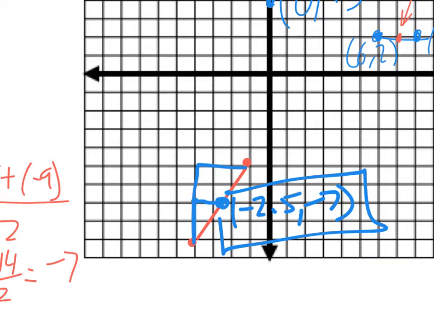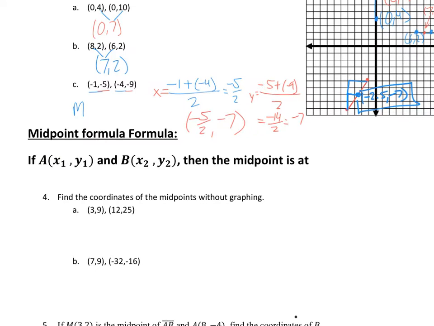So it turns out that the midpoint is simply the average. So the key here is that the midpoint is an average. The midpoint is the average of the coordinates, all right?